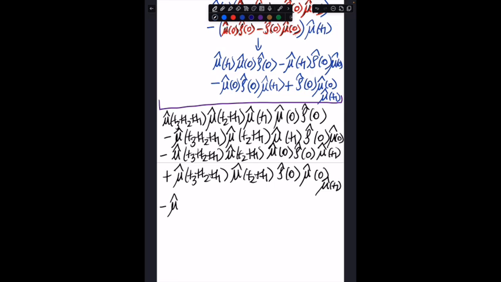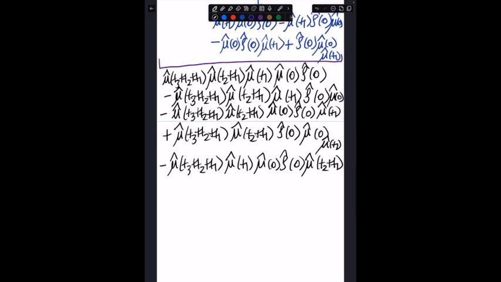So you get mu t3 plus t2 plus t1, mu t1, mu 0, rho 0, and then the mu t2 plus t1 will act from the right side in this case.